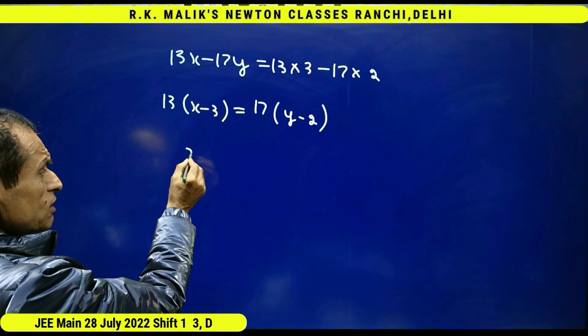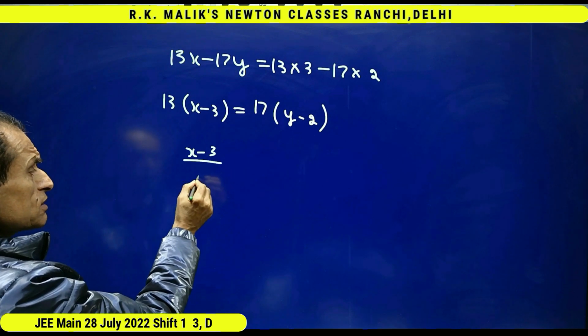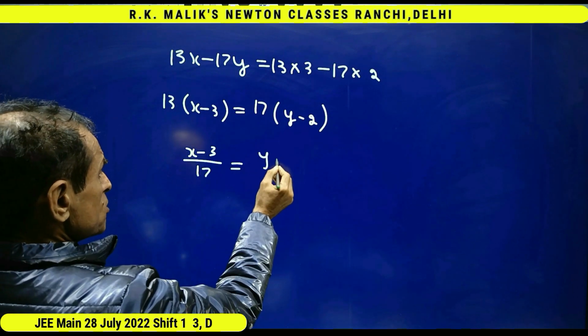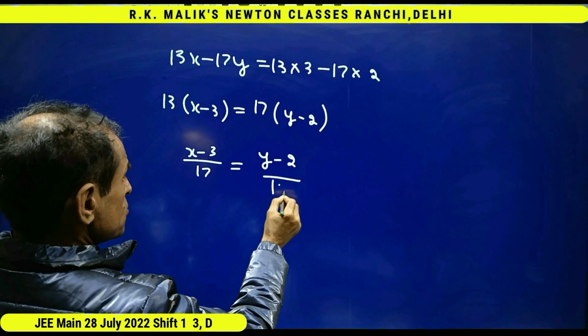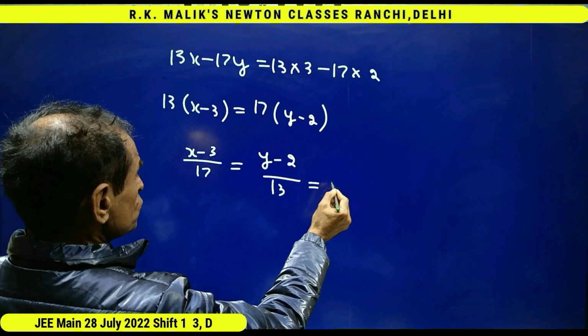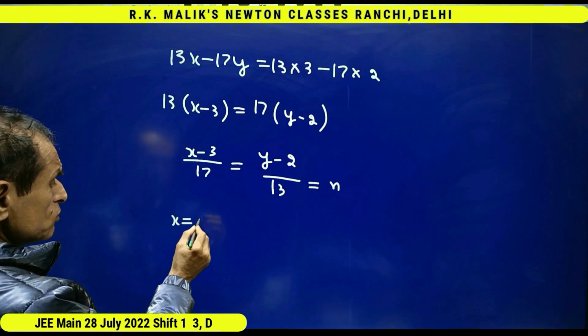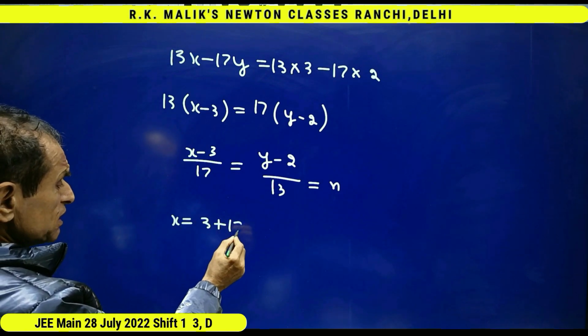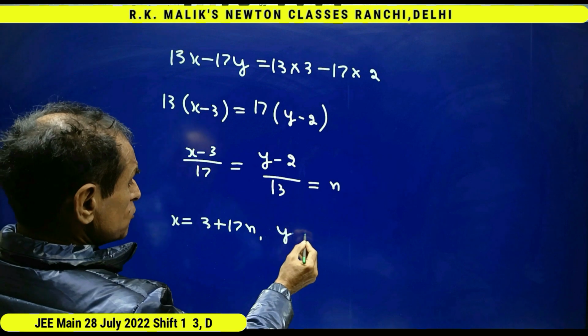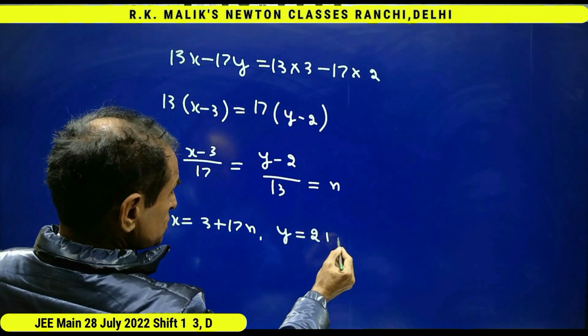And now writing it equal to say n, I get x equal to 3 plus 17n, y equal to 2 plus 13n.